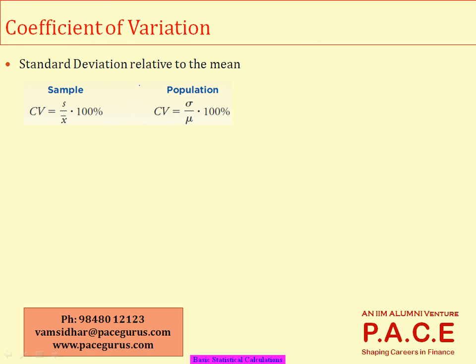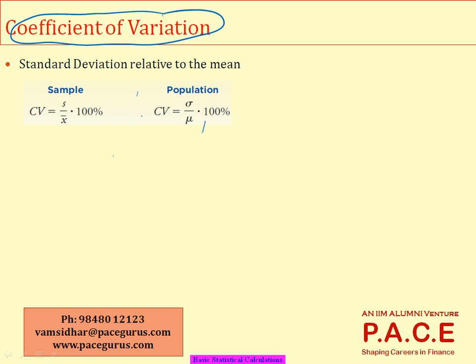And then earlier we have discussed, if I have to compare two standard deviations, if they have approximately the same mean, then I can directly look at their standard deviations and say one is having more dispersion compared to the other. But if their means are different, then the comparison is more appropriate using the coefficient of variation rather than a simple standard deviation.